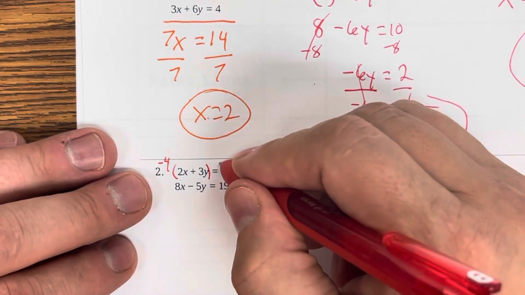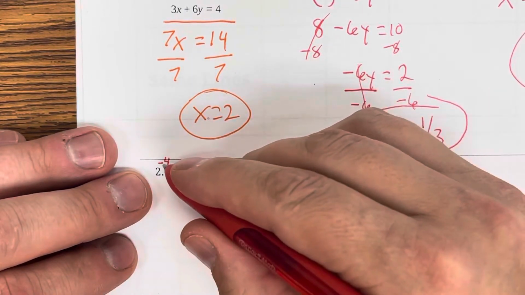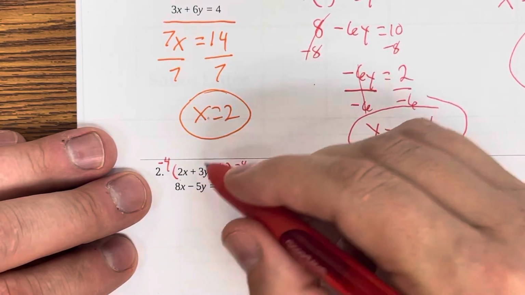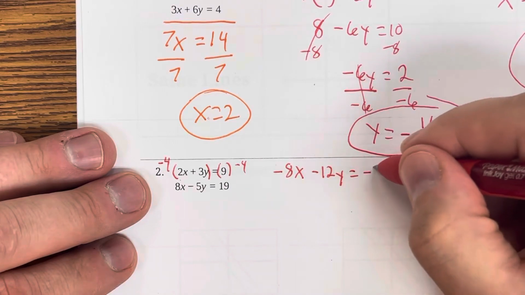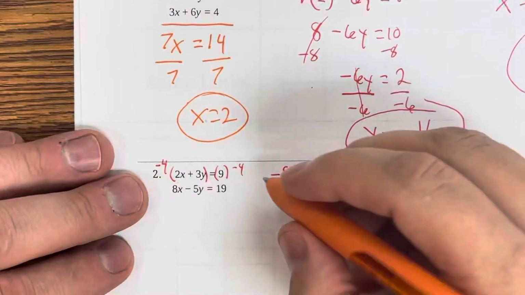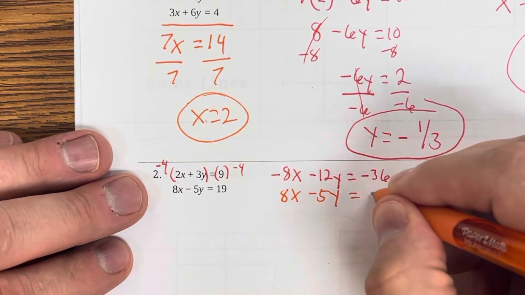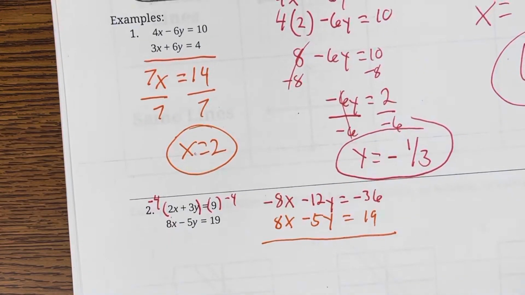And I have to multiply the whole equation, both sides. So I'm going to rewrite them. When I multiply, I have negative 8x minus 12y equals negative 36. Rewrite the other equation below it. 8x minus 5y equals 19. Now we can start adding them up.